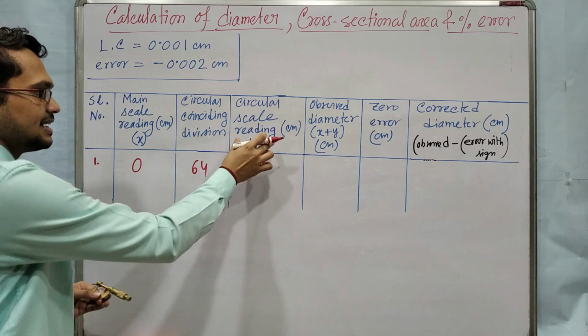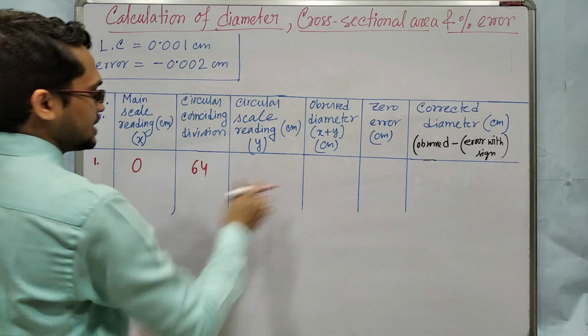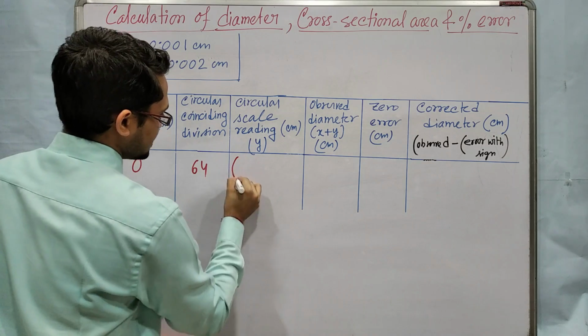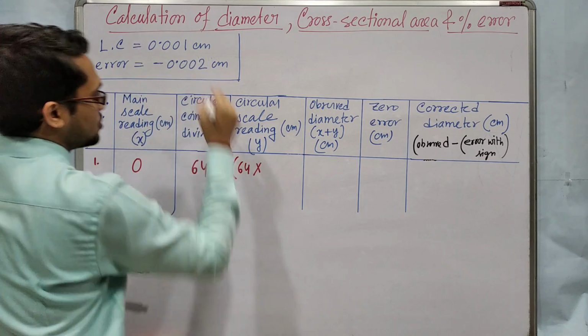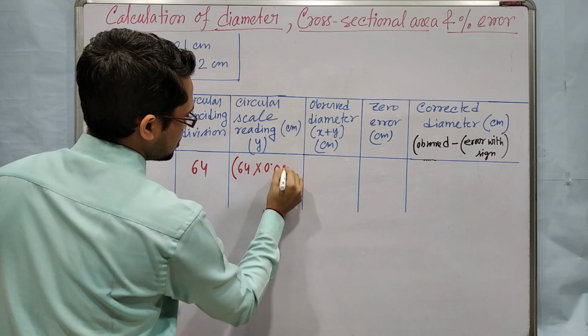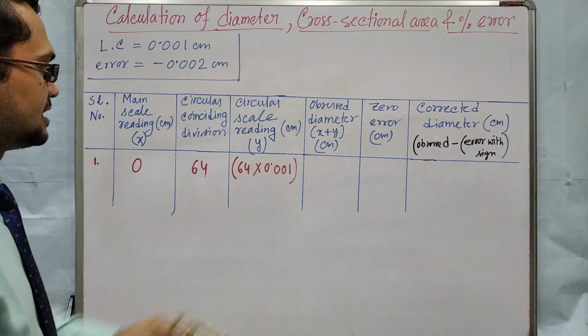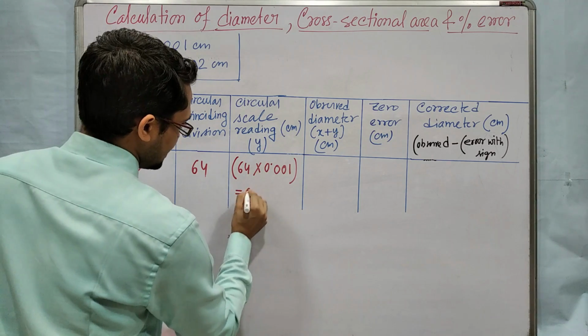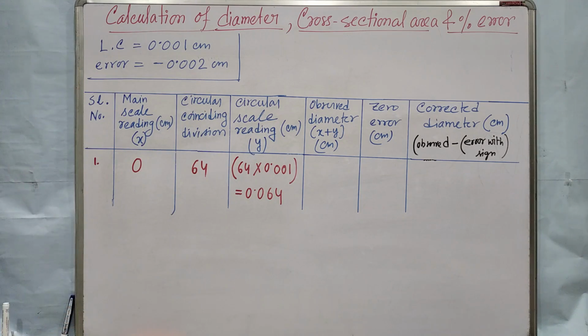Then circular scale reading: there is a formula for it, and you will use this formula here. That formula is circular coinciding division 64 into least count 0.001. No need to write the unit because the unit is already written here. So its value will be 0.064 centimeter. Clear? So this is the circular scale reading.